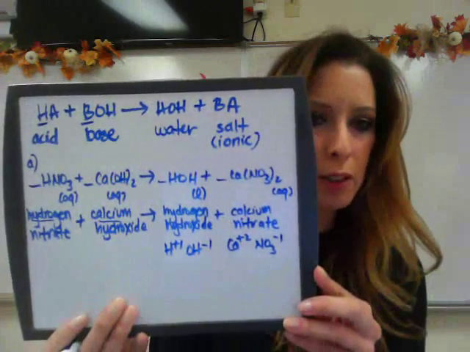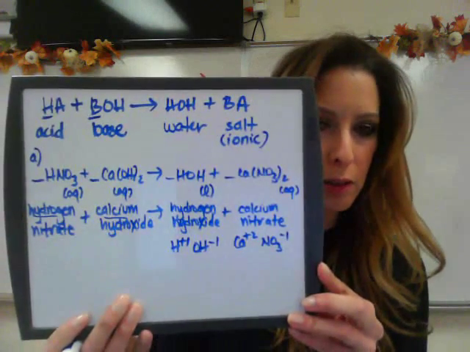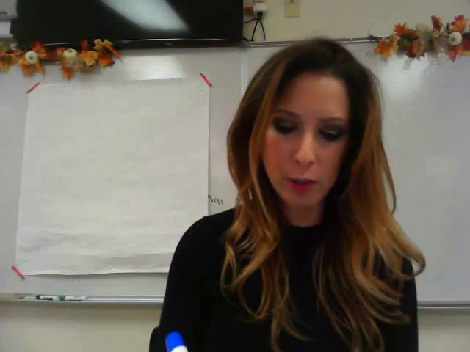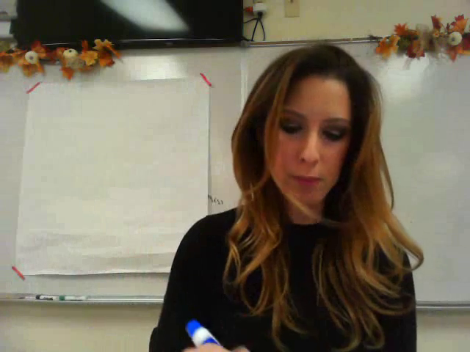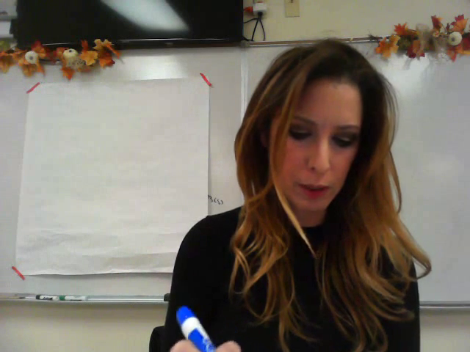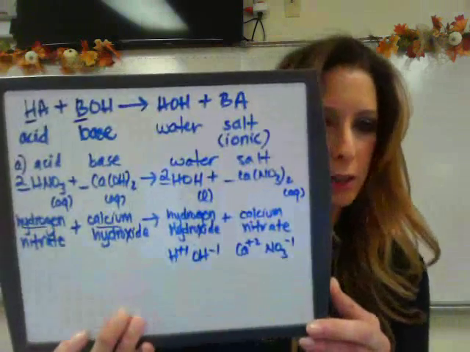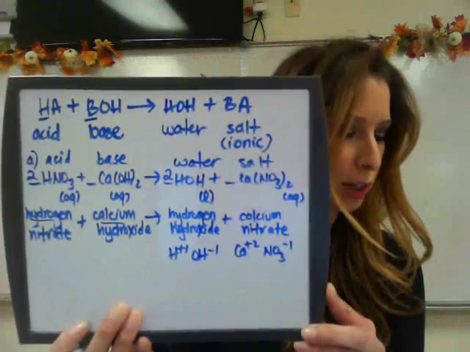Okay? Now, we're not balanced, so you need to put a 2 in front of HOH and a 2 in front of HNO3, and there you go. So HNO3 is my acid. CaOH2 is my base. I formed water, which is HOH, and I formed a salt, which is my calcium nitrate. Okay, so this is your neutralization reaction.